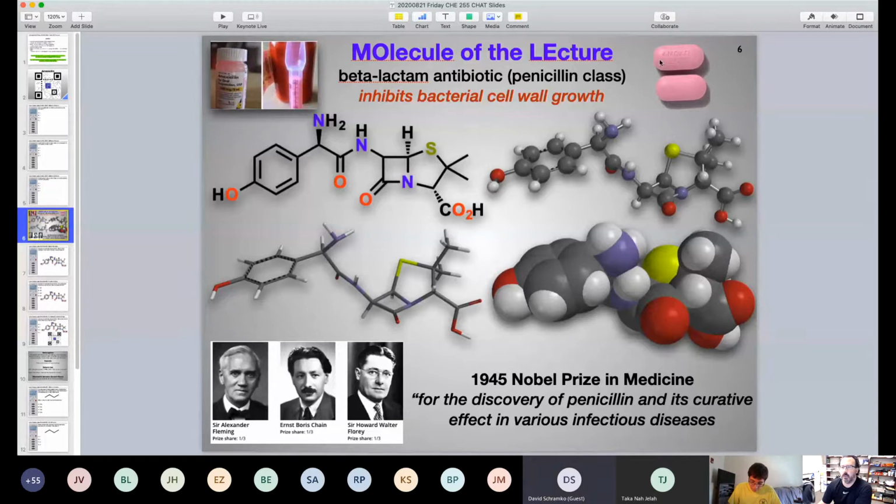So it's prescribed, you can see in the corner here, as a pill. It says Amoxil and then 500. So presumably the 500 is the dose, 500 milligrams. That's actually quite a bit of active pharmaceutical ingredient. Over in the left-hand corner, you can also dose this as an oral suspension.